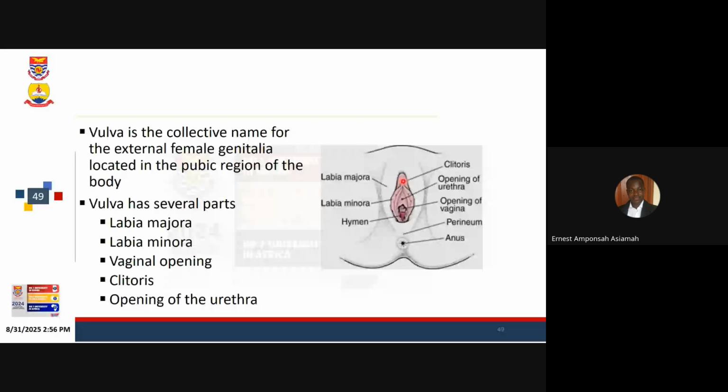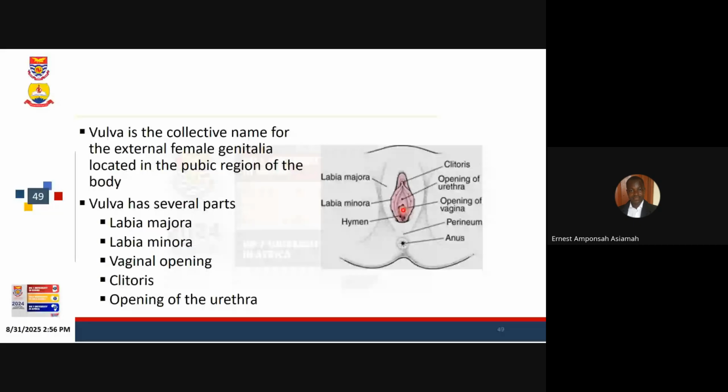Then deep to the labia majora is also a fold of mucosa, but it doesn't have hair. We call it the labia minora.